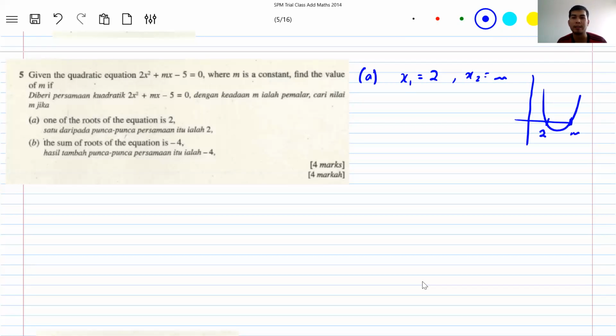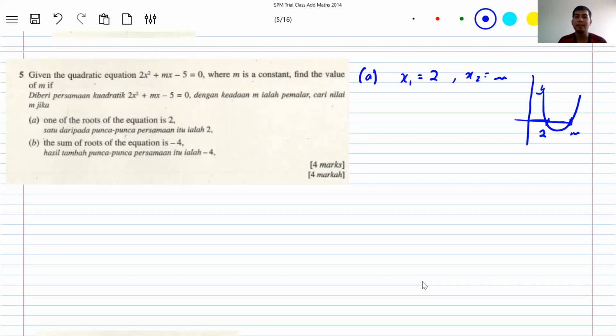I'm not sure what it is. It might only touch at one point, but whatever it is, it's given that one root is 2. So if the root is 2, what is f(x), or what is the value of y? It is 0, because it is the x-intercept. The roots of a quadratic equation are more or less the x-intercepts of the curve.